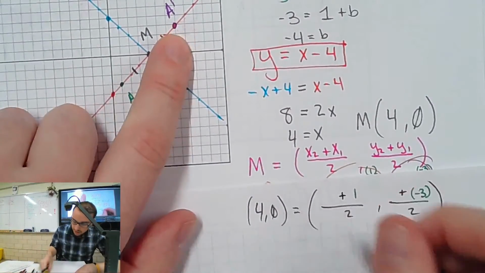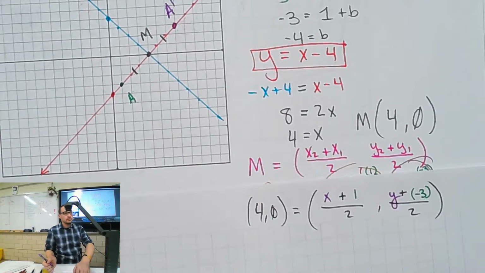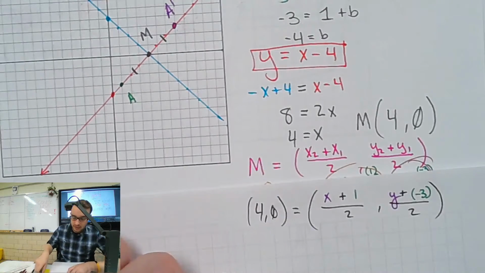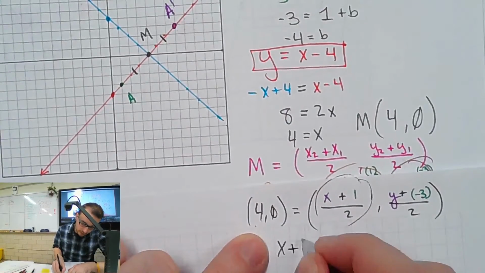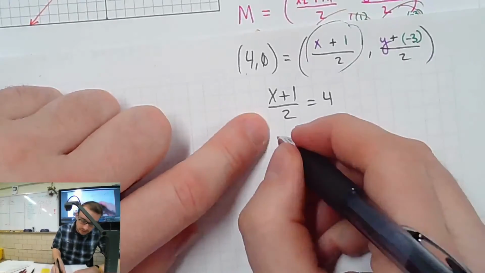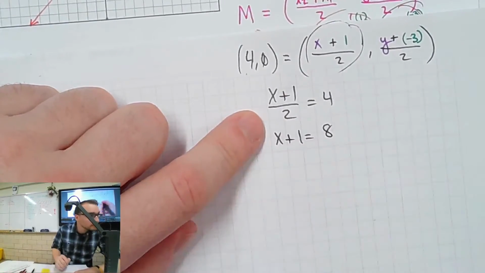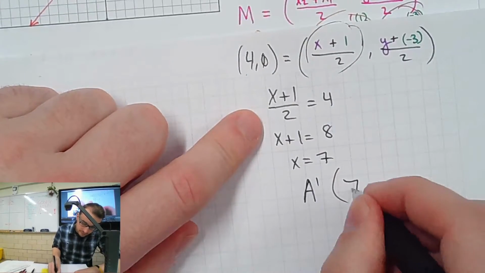The other one we didn't know yet. So now I know this equals 4. They go together, so x plus 1 over 2 equals 4. I multiply by 2 on both sides. Then I subtract 1. So a prime is 7 comma something.